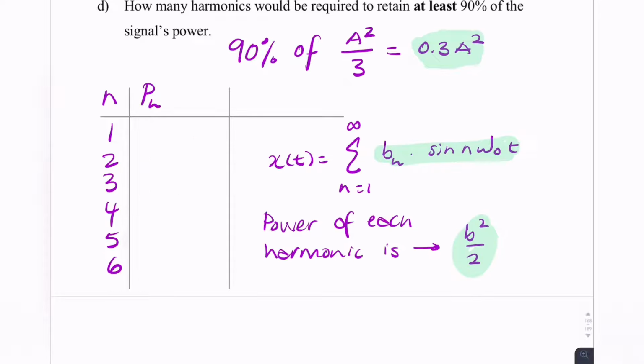Each of these will have an a in it, so I can simply divide by a squared. So the first one is 0.203, 0.0506, 0.0225, 0.0126, 0.00806.